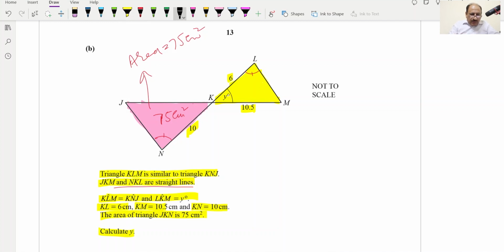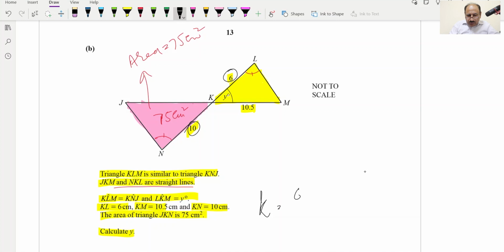Now we can find a ratio between two sides, and corresponding sides are this one and this one, because if you rotate this triangle like this, L angle will be fitting on N. So 6 will be the side corresponding to 10. Hopefully you understood this point. Now we can write ratio between these corresponding sides.